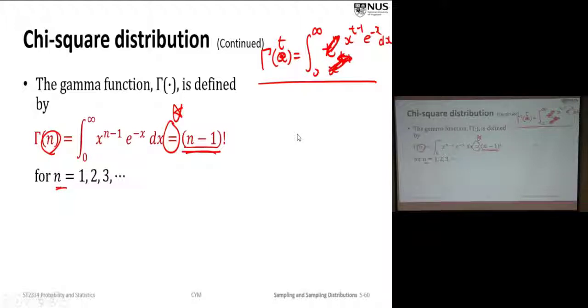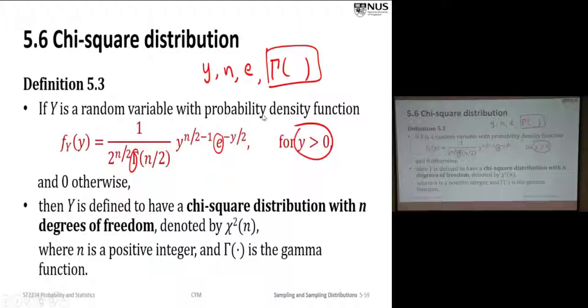So now we go back to this. It's simply saying that this whole thing is a gamma function evaluated at n over 2. If n over 2 is an integer, then this is just n over 2 minus 1 factorial. But if n is odd, then it's not. But it's not too difficult to evaluate the values.